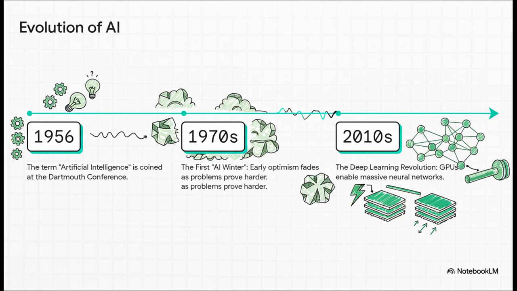Its history has been this wild ride of incredible ambition, and frankly, some major disappointments. Periods called AI winters, where progress just stalled because the problems were so much harder than anyone thought. The deep learning revolution we're living through today was built on decades of work, a shift to new statistical methods, and, crucially, the arrival of powerful hardware like GPUs that could finally run these incredibly complex algorithms.